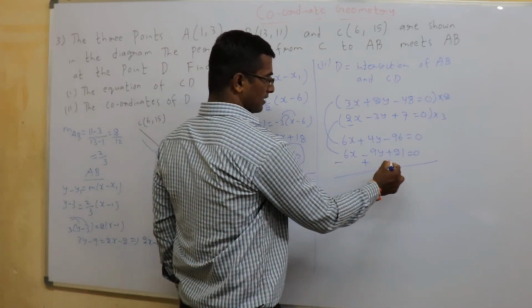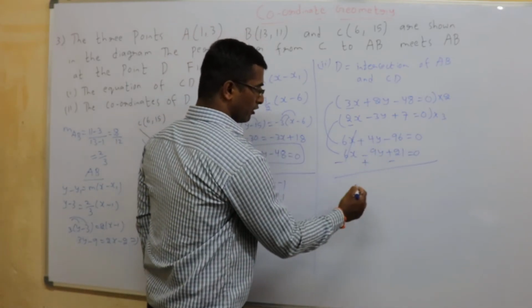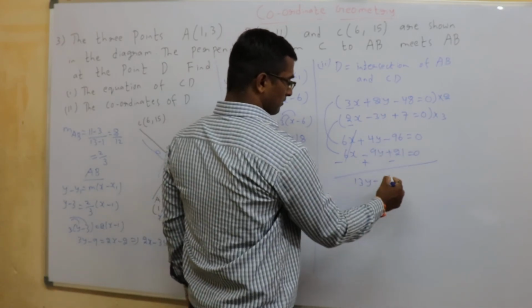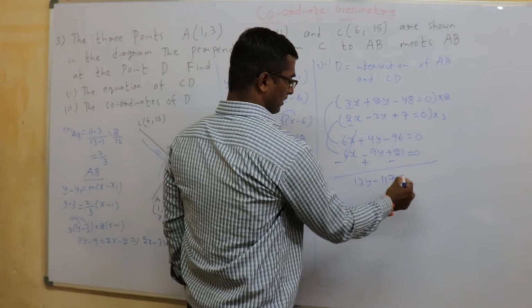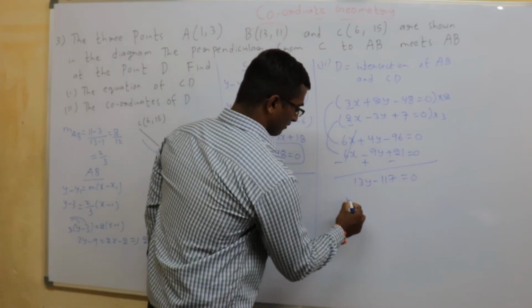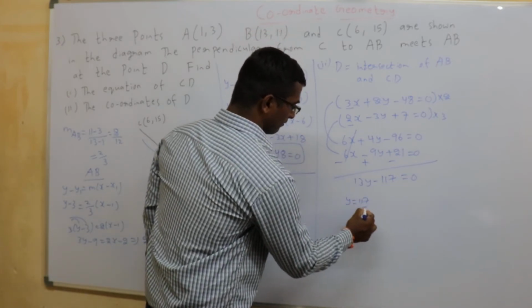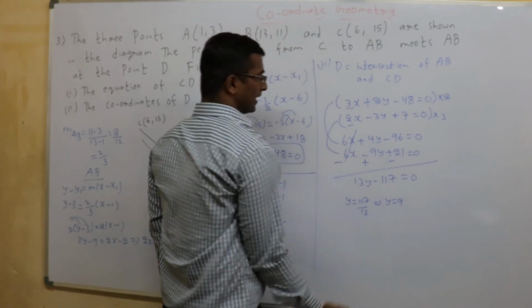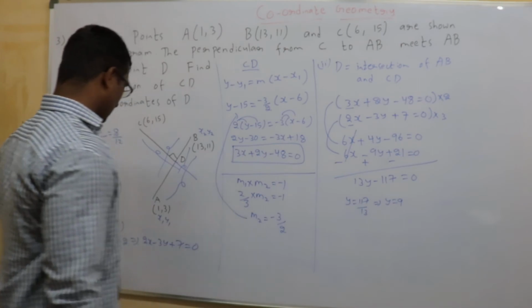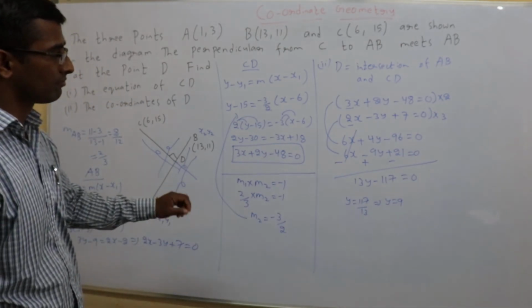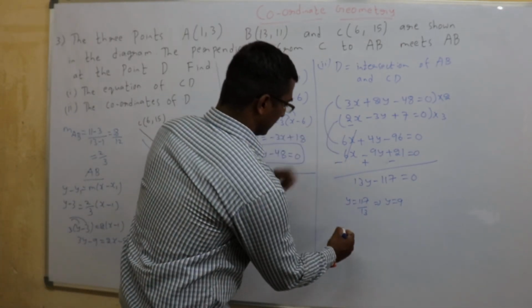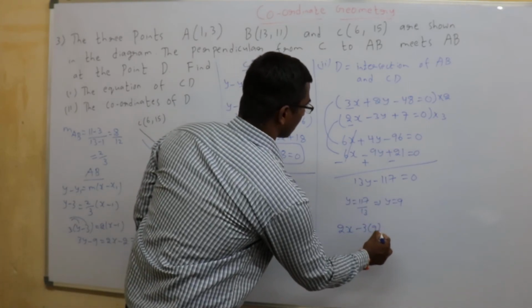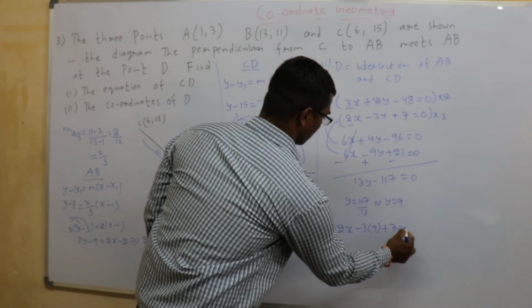So minus plus minus. This is gone. 4 plus 9, 13y. Minus 6 plus 1, 7, 9 plus 2, 11. So y equal to 117 by 13, which will be 9. Place y equal to 9 in any equation. So if I place it in this, then it will be 2x minus 3 into 9 plus 7 equal to 0.